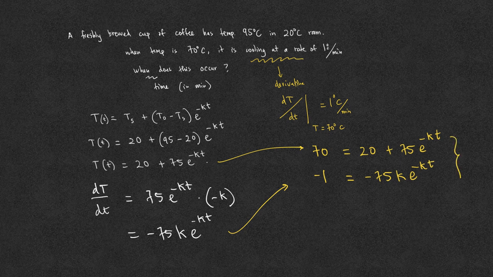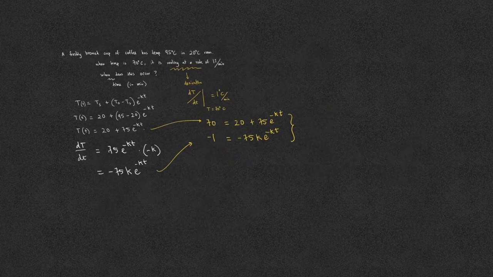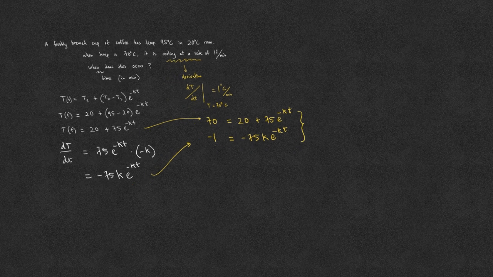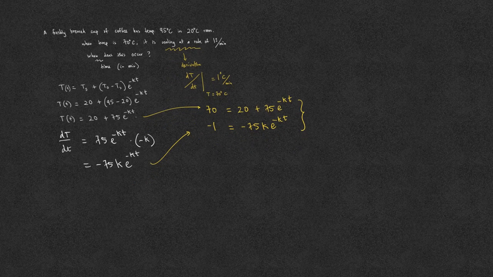And so this is a system of equations in two unknowns. We will be able to find k this way. First, we simplify the first equation by subtracting 20 from both sides of the equation, and we get 50 equals 75 e to the negative kt. The second equation is that 1 equals 75k times e to the negative kt.